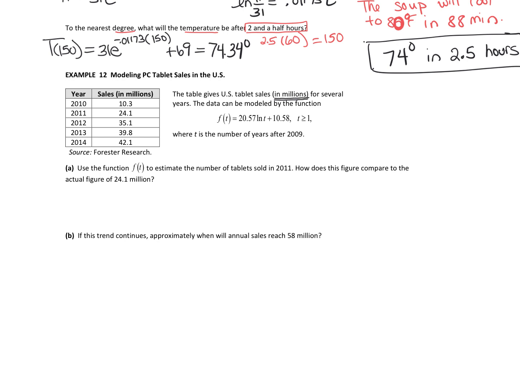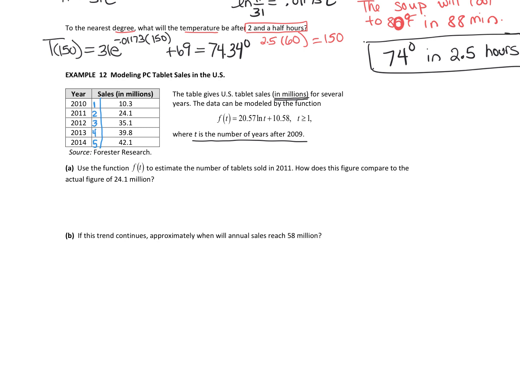The data can be modeled by this function: f of t is 20.57 natural log of t plus 10.58, where t is greater than or equal to 1, and t is the number of years after 2009. So that means 2010 is going to be year 1, 2, 3, 4, and then 5 for 2014.